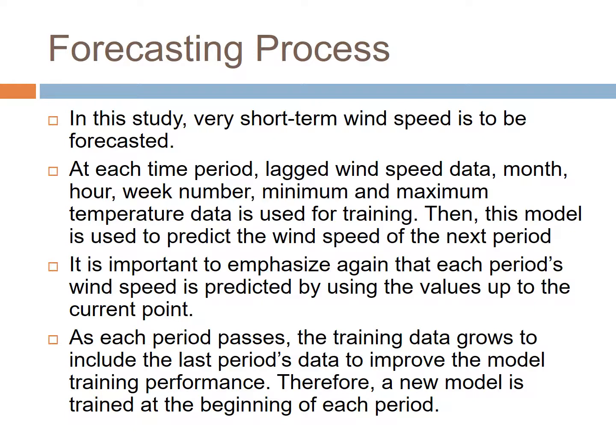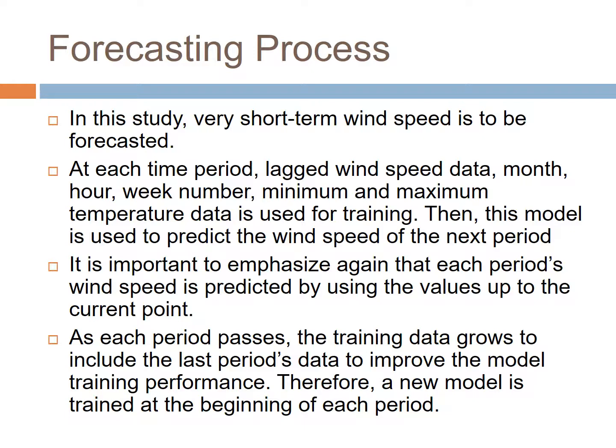In this study, very short-term wind speed is forecasted. At each time period, lagged wind speed data, month, hour, week number, and minimum and maximum temperature data are used for training. Then this model is used to predict the wind speed of the next period. It's important to emphasize again that each period's wind speed is predicted by using the values up to the current point, so there is a rolling mechanism.